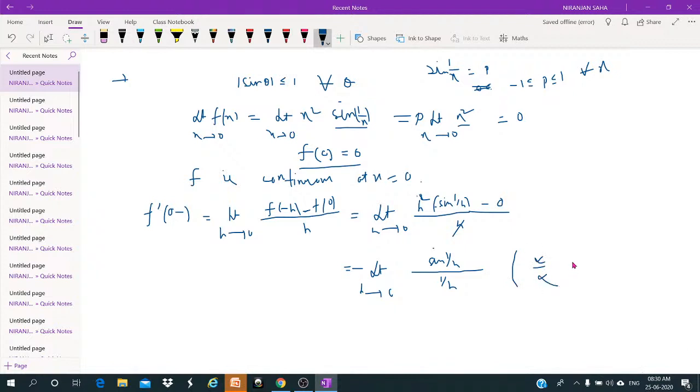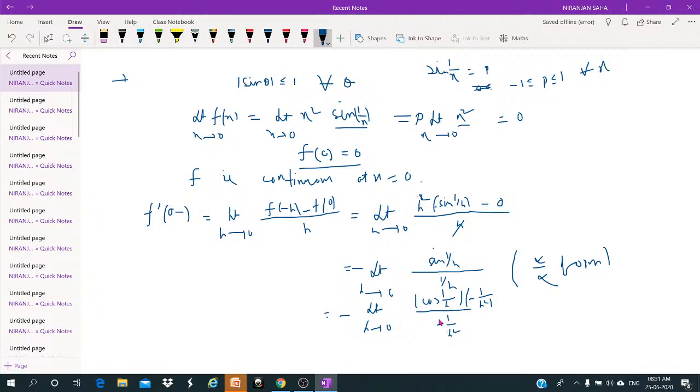If we apply L'Hospital's rule, taking the derivative of the numerator and the denominator, it gives cos 1 by h into minus 1 by h square, and in the denominator again minus 1 by h square.